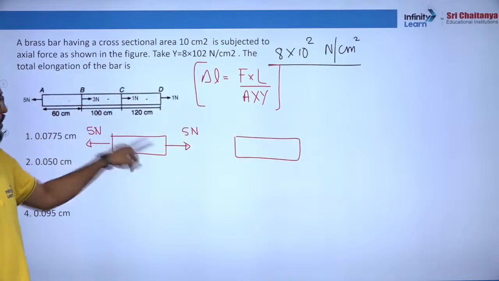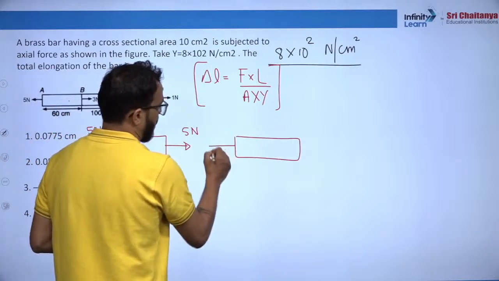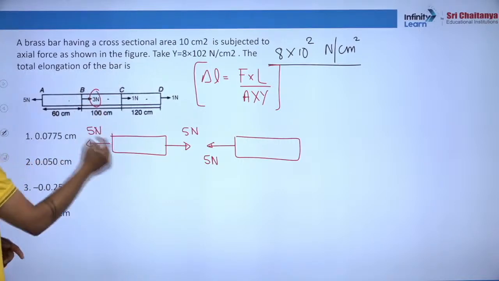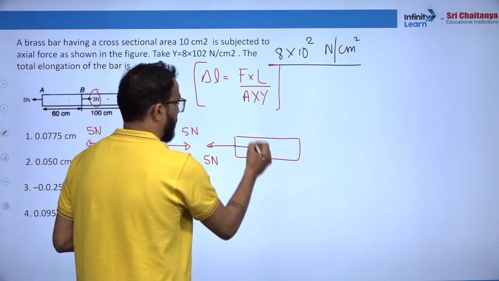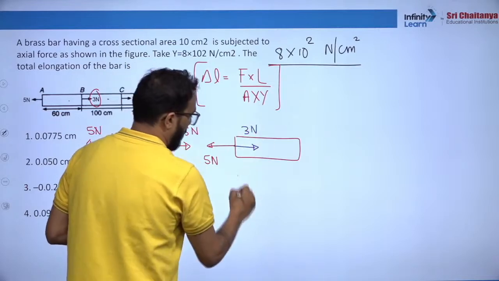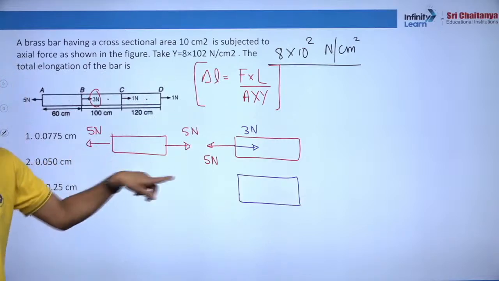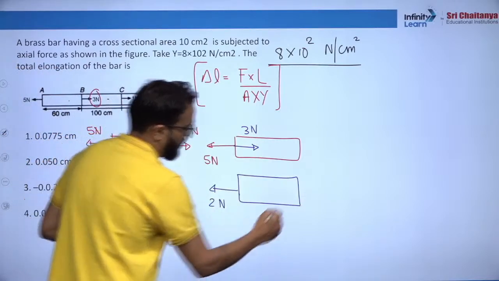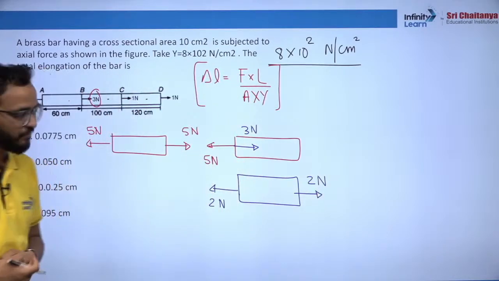If the first block AB is being pulled by 5 Newton, it is also pulling it by 5 Newton, but there is a force of 3 Newton there, it can be seen. So it is 3 Newton also here. So overall, on this particular rod, the net force is in this direction. How much? 2 Newton. So 2 Newton will be here also.